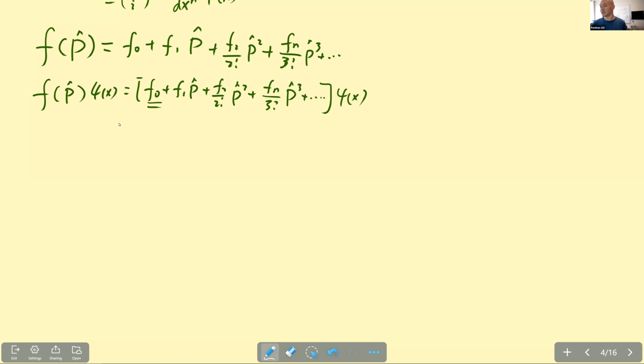The first term will just give you f0 times psi, right? And the second term is going to be f1 h bar over i d over dx psi, right?